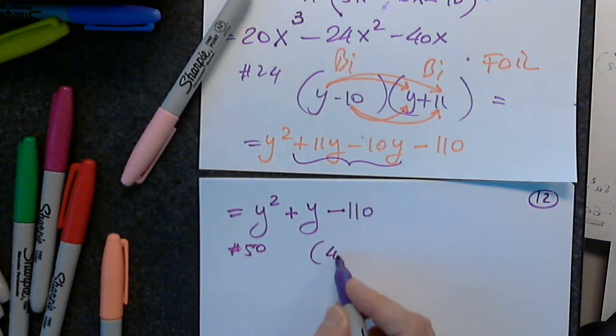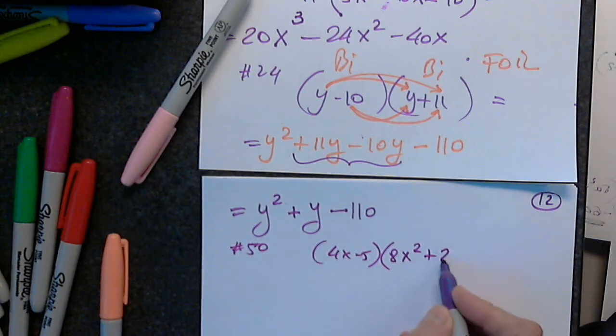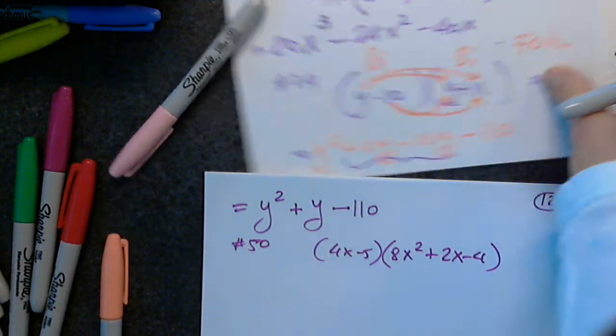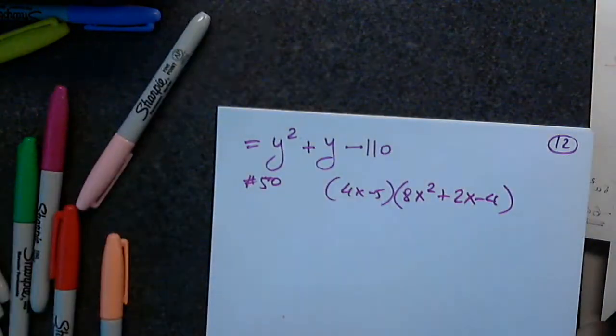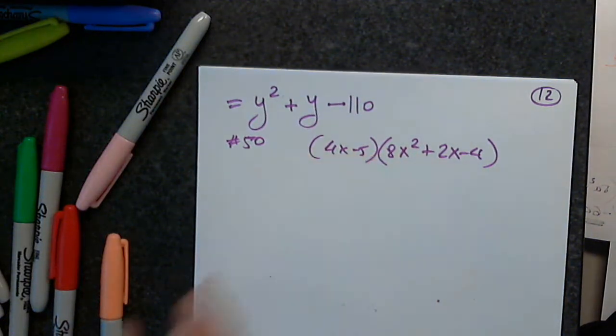We're going to multiply a binomial. Now you tell me what is the first factor in this product. I meant to identify what this first factor is.